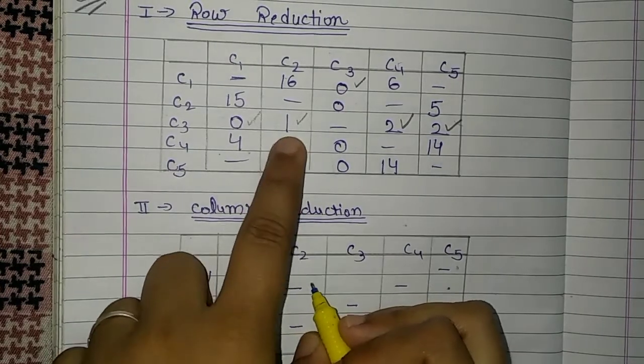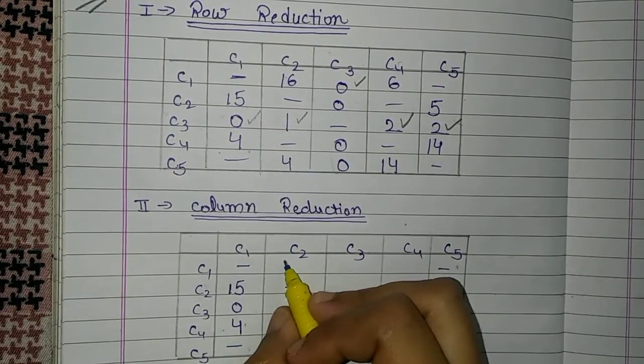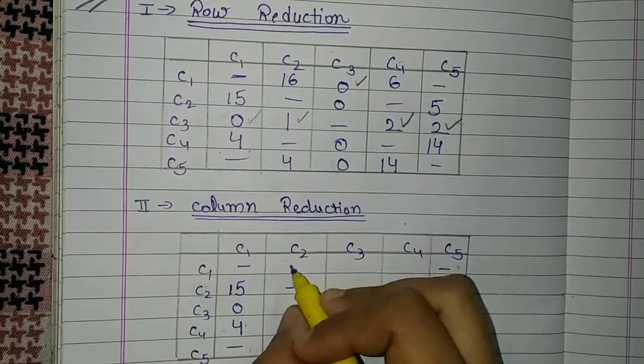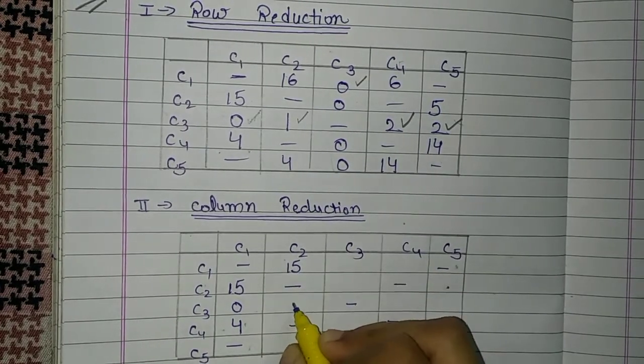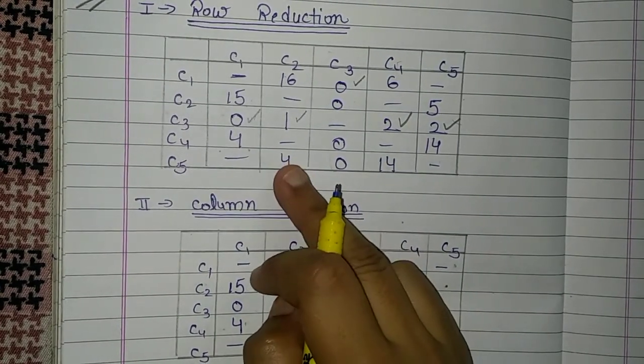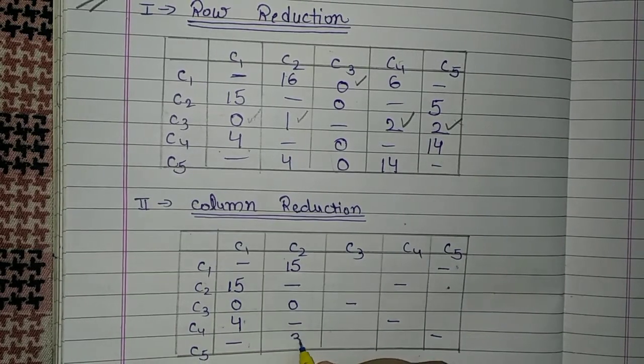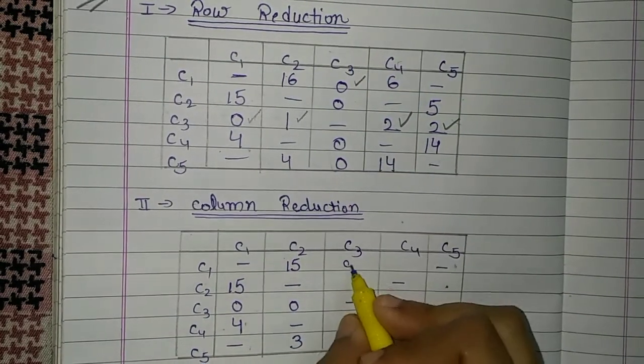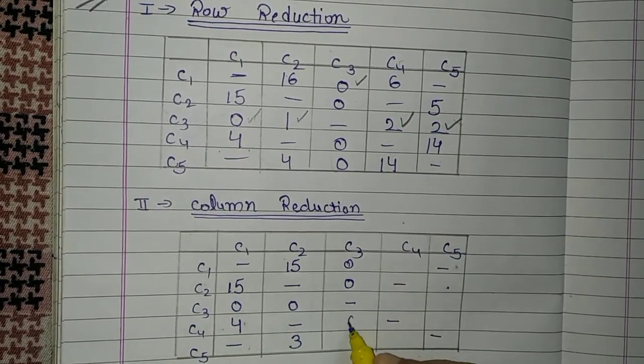Here 1 is the minimum number in this column. 16 minus 1, 15, 1 minus 1, 0, 4 minus 1, 3. Here 0 minus 0, 0 minus 0.